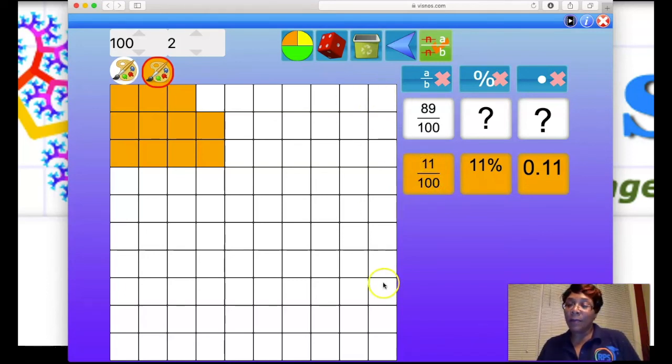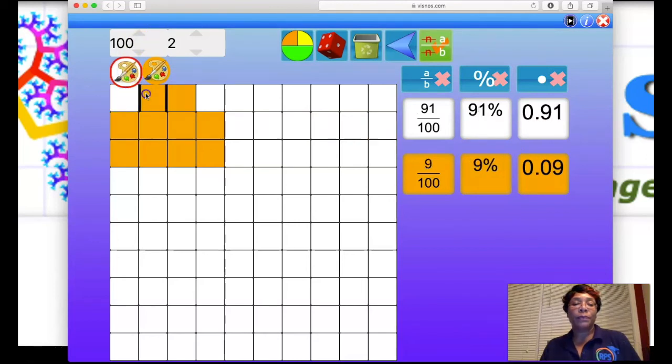So I can count them, or I can just think this 89 plus this 11 together will give me 100, and 100 over 100, or 100 100ths gives me 1. This as a percent, again, this should add up to 100%, will be 89%, and this is 89 hundredths as a decimal. Great job. So let's try one more.